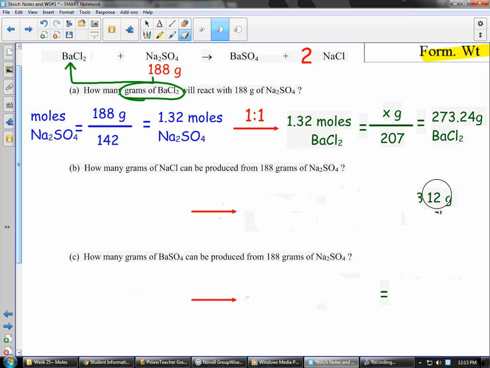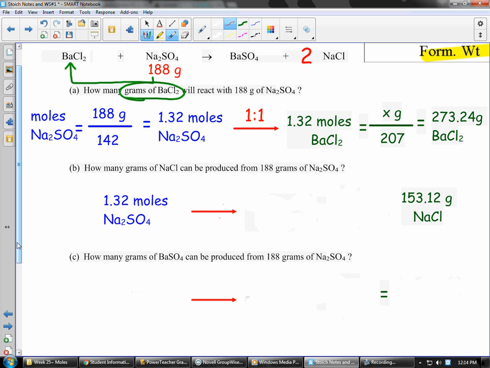Let's see, can you get 153.12? How should that happen? We're going to take the exact same number of moles here because we are using the same amount. We're saying we still have 188 grams of sodium sulfate. Now I want to know how many grams of salt. So I'm going from my sodium sulfate out to my salt.